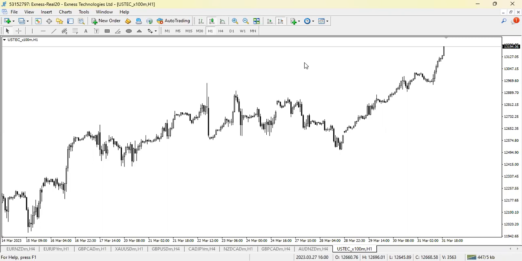These are positive correlations, USD JPY and USD CHF. Not always, but most of the time you will find them moving in the same direction. Those who are trading fundamentals with me, I'm sure they do know about correlations.